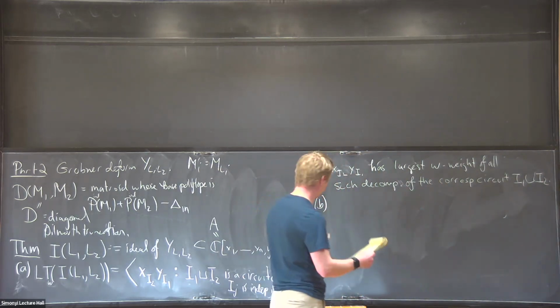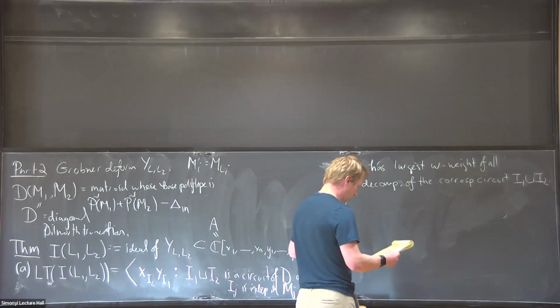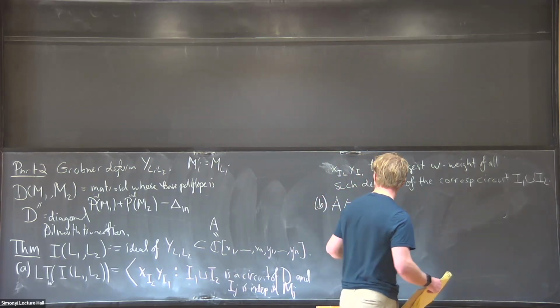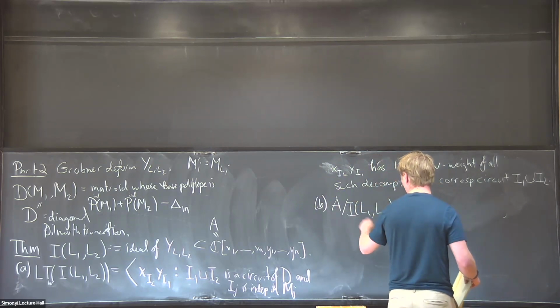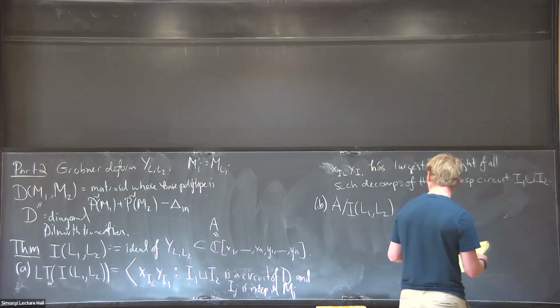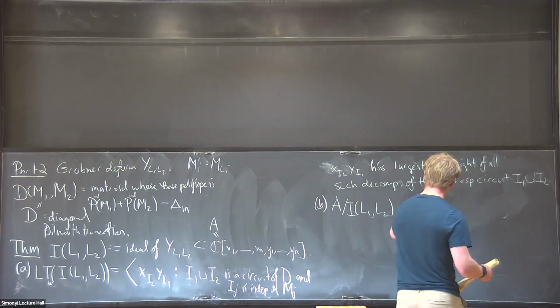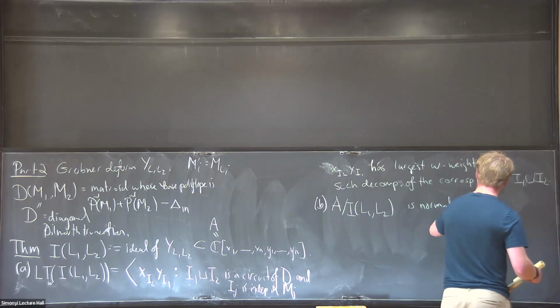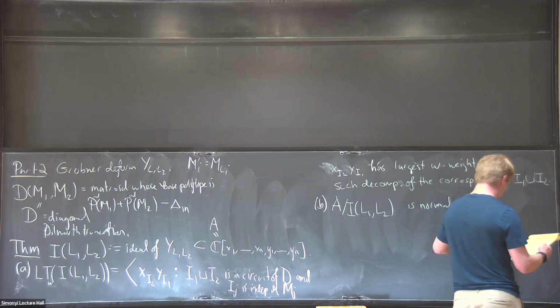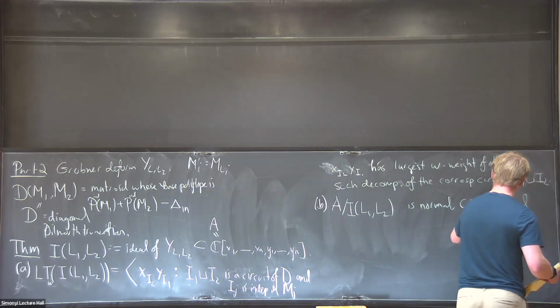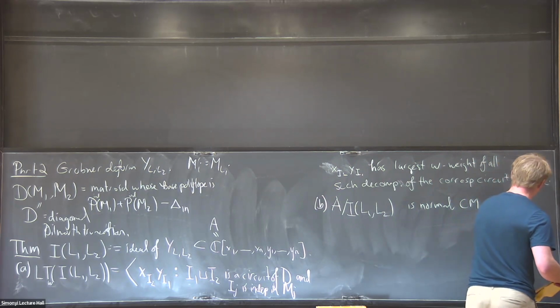The second part says that the coordinate ring, A mod the ideal of Y of L1, L2, is normal, Cohen-Macaulay, and has rational singularities.